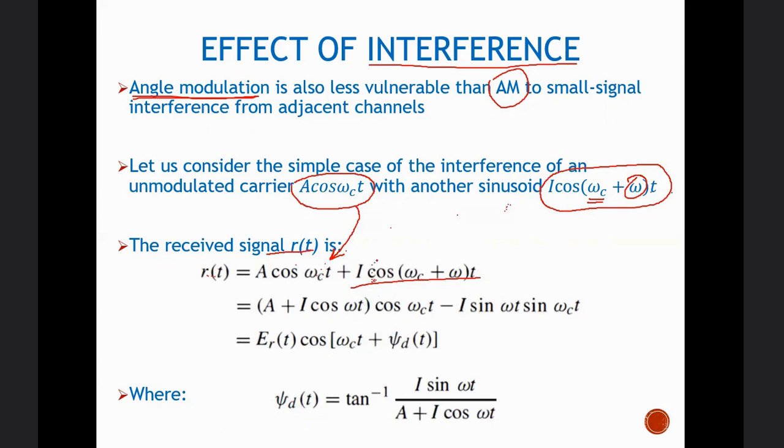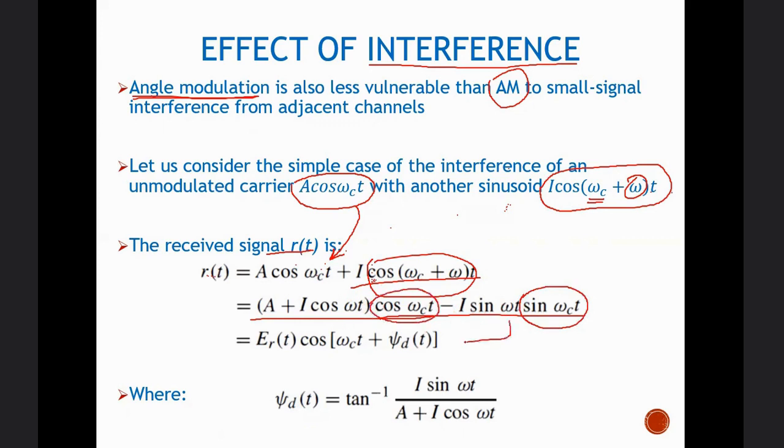After we expand this term using a trigonometric identity and taking out cos ωc t as common, we get this expression. Here we can see we have two types of terms. One is the quadrature term, and this one is the in-phase term.